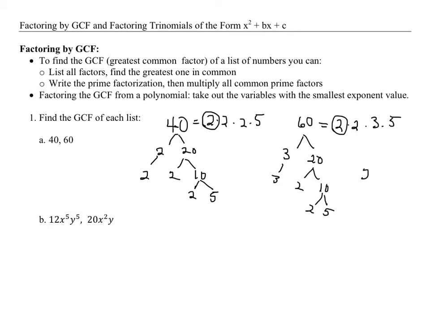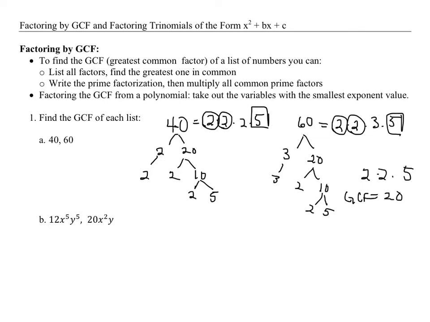We write it down once. 2 here, 2 here. We write it down again. 5, 5. We write it down, multiply them all together, and you get the greatest common factor is equal to 20.